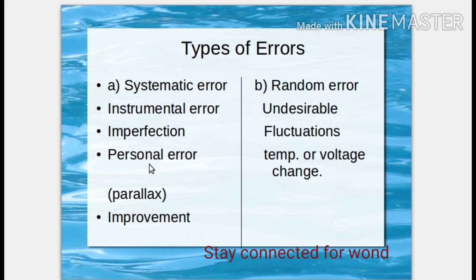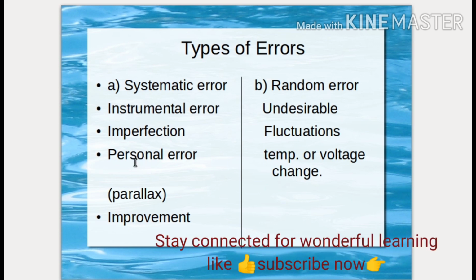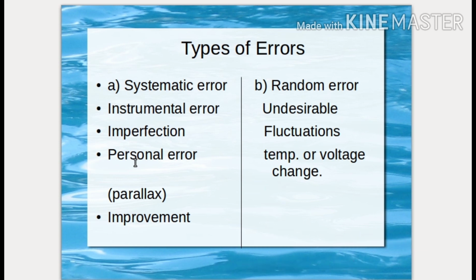This error arises when you personally make some mistake, like you are trying to do some measurement, and suppose you are moving your hand, or the parallax, you have understood about it, that the vision changes, the line of sight changes when you use your left eye then right eye.